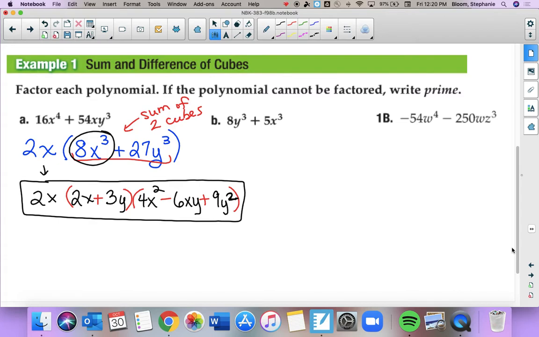Whole number. Yep, good. So 5 is not a perfect cube, so this is not factorable. It would just stay just like this. I guess we're supposed to write prime. So that's a prime polynomial right there.